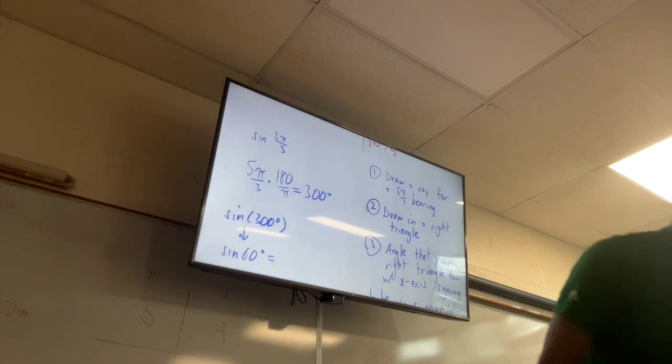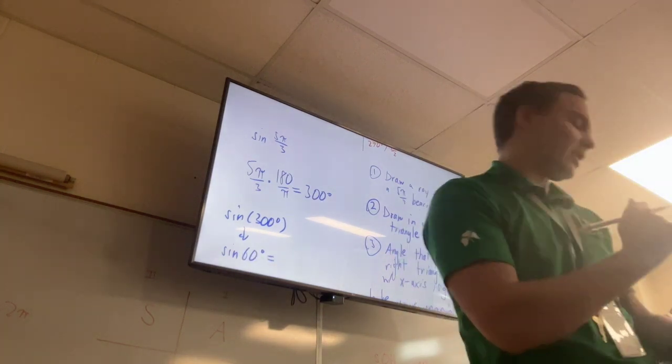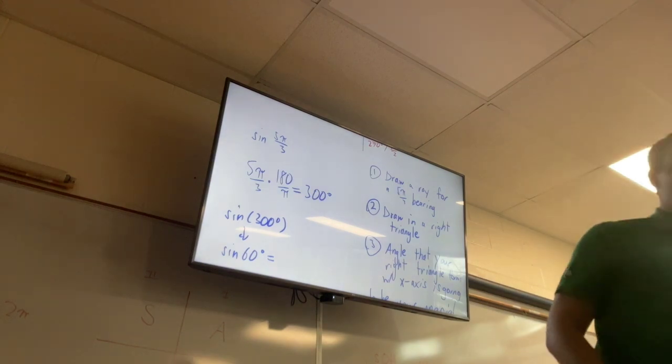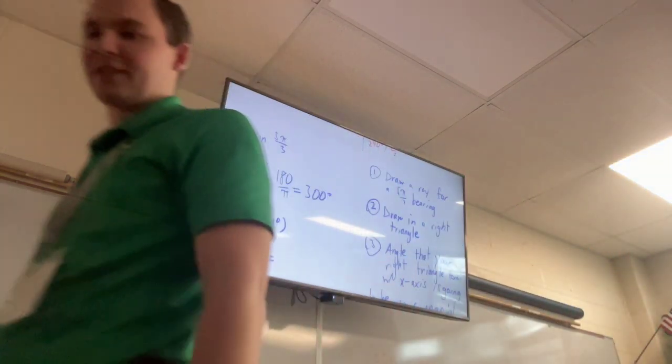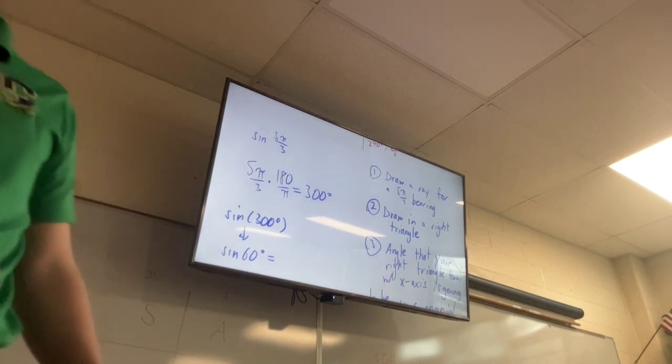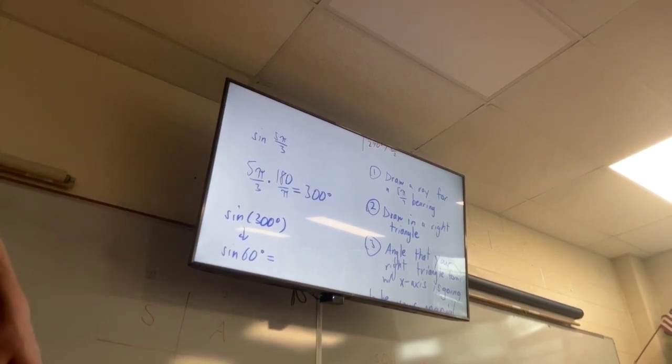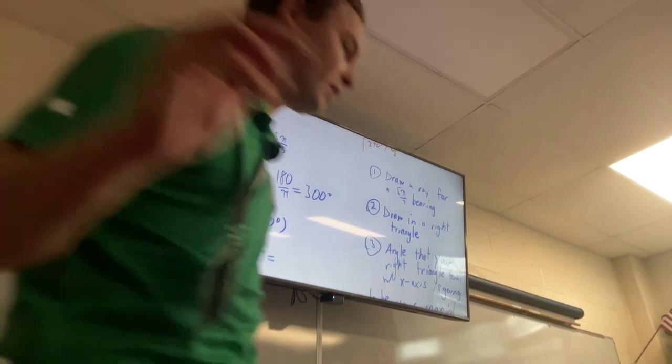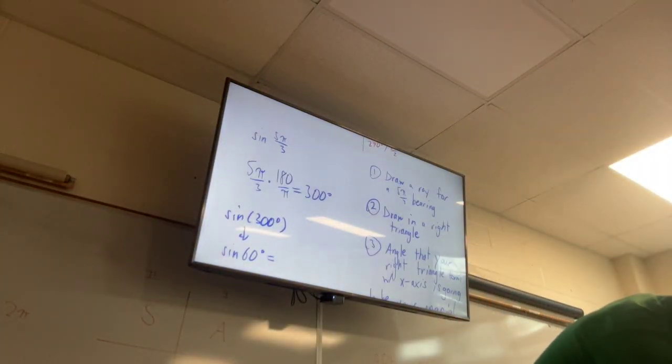What's the sine of 60 degrees on your right triangle? The side across from your 60-degree angle is root 3. The hypotenuse is 2. So that's going to be root 3 over 2.